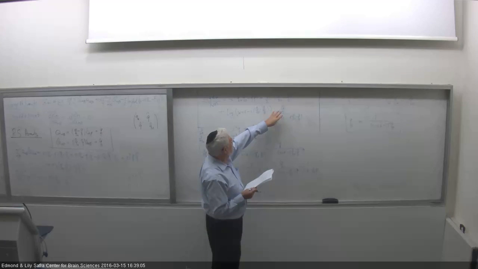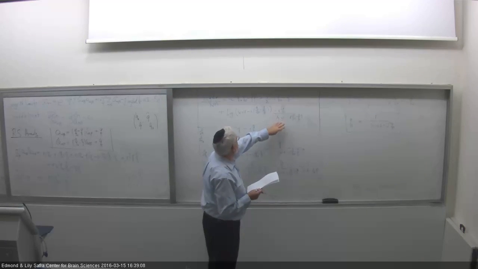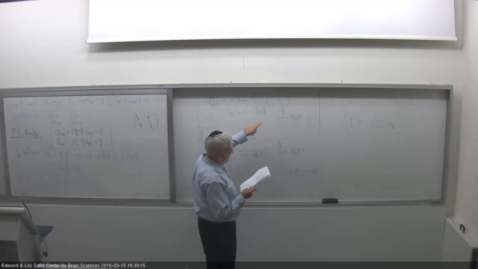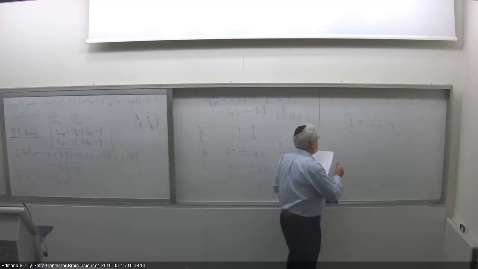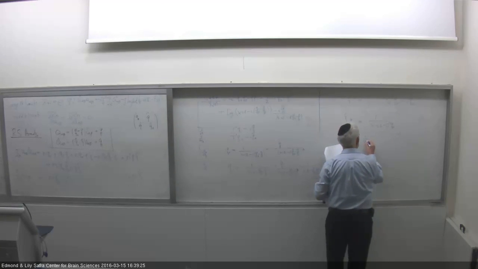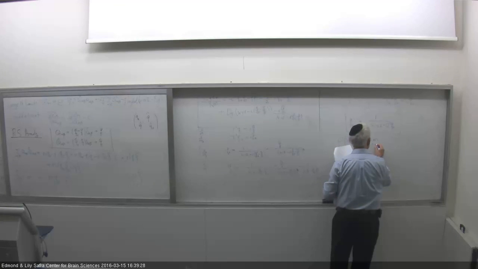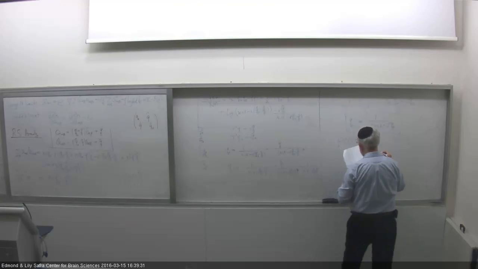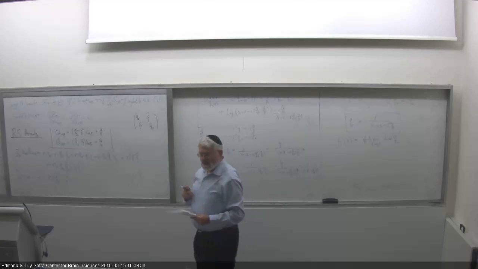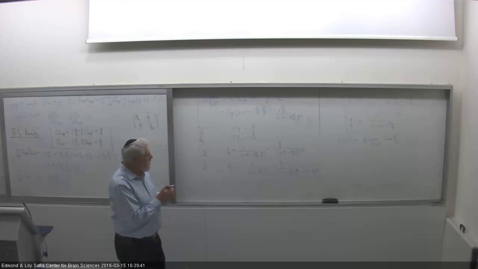So Q hat is 0, right? And so this drops, and if you plug everything in, I'll leave it as an exercise, you find a very simple result: rho of lambda is 1 over pi times the limit of epsilon going to 0 plus of the imaginary part of Q0. Very neat.